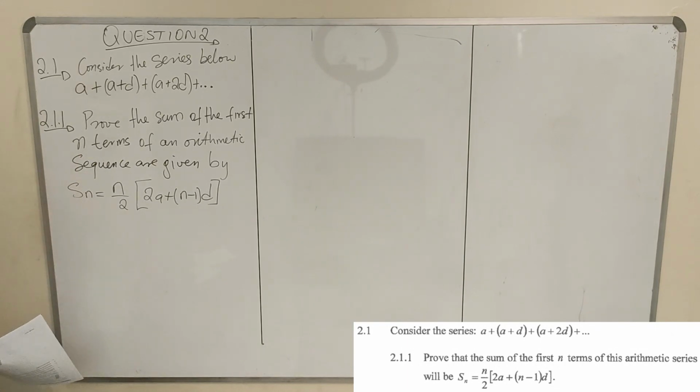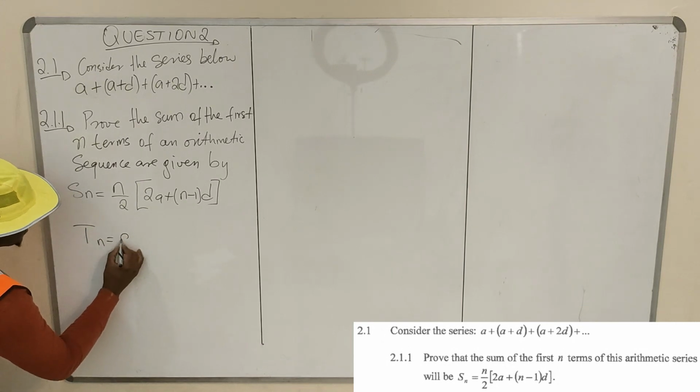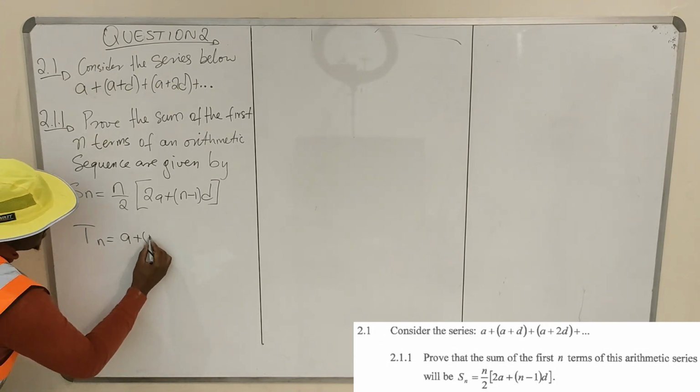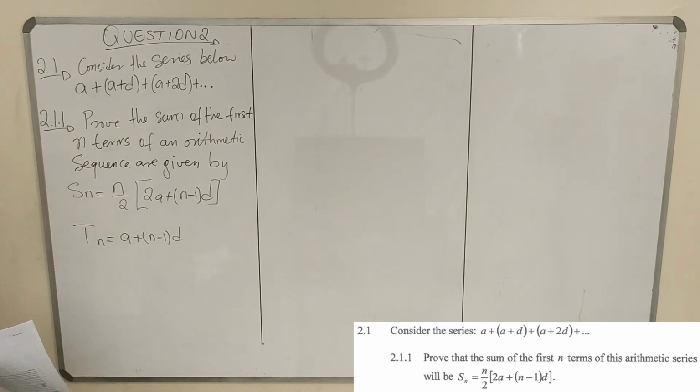Okay, so you are told that this is an arithmetic series. So you know the general term for an arithmetic series: Tn is equal to A plus (n minus 1) times D, right? This is the general term, the nth term.